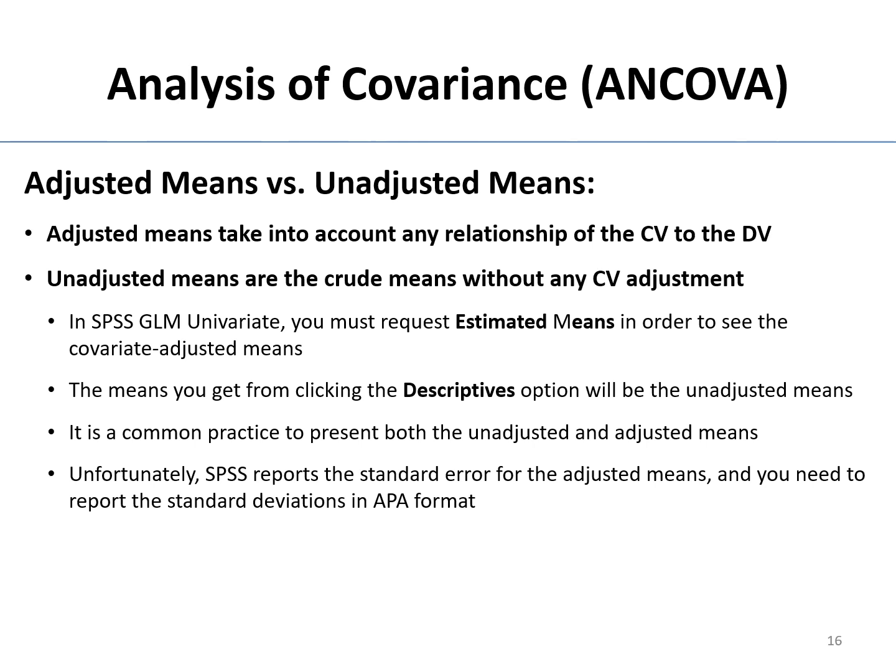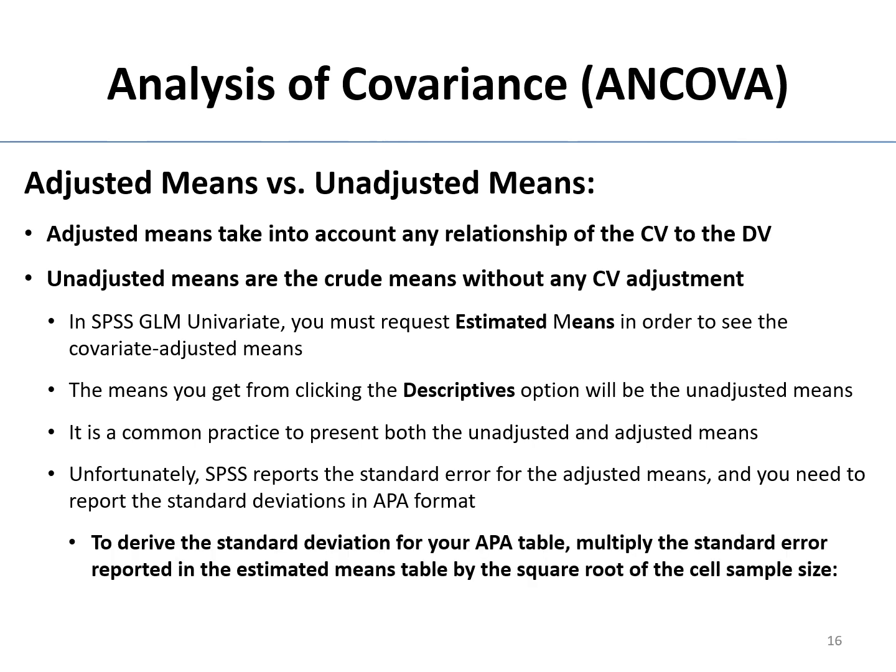Basically, I just need you to know how to convert a standard error of the mean to a standard deviation. You multiply the standard error in the estimated means table by the square root of the sample size for that level of the independent variable, or cell. In math, you multiply the standard error by the square root of the sample size for that group. So not the whole study, but just that group.